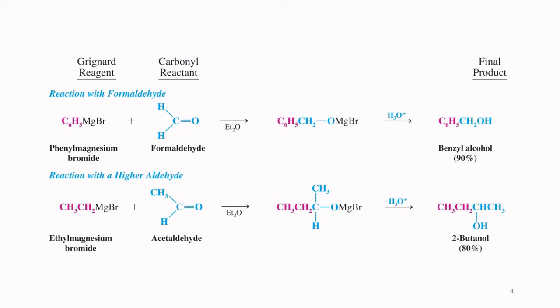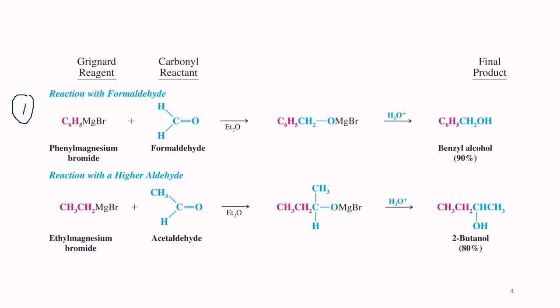If we look at the first example here, we use phenyl magnesium bromide and we react it with formaldehyde using an ether solvent, and we will get this magnesium bromide alkoxide, and then we add acid to give benzyl alcohol.